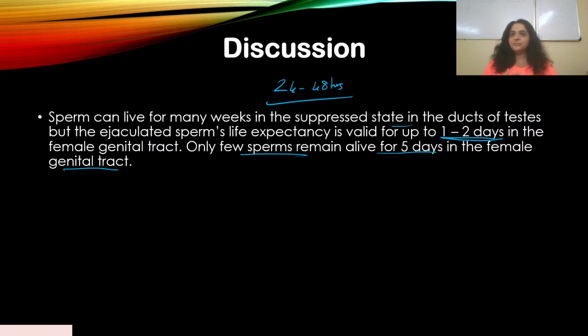If a woman wants to get pregnant, or to determine fertility, this information is useful, that only few sperms remain alive for 5 days, so a woman can plan based on her ovulation period, right? But if we are thinking about it in terms of sperm viability, then the majority of the sperms only remain alive for 1 to 2 days. That's the life expectancy. It is not 5 days. 5 days is very few sperms only, not the majority of the sperms.